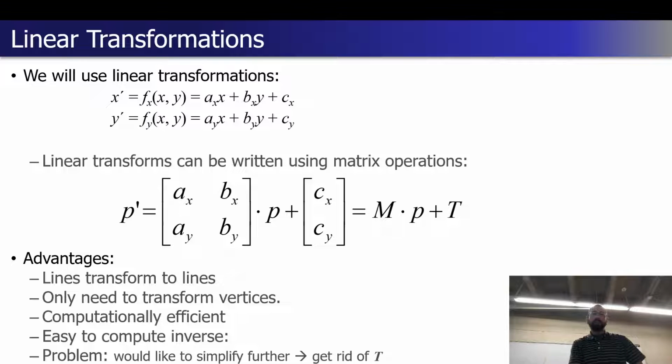If we restrict ourselves to these, what we're going to find is that it's very computationally efficient. We can represent it all in a single matrix representation. It keeps our linear properties of our incoming geometry such that we only actually need to apply the transformation to the vertices. That's why we can do it in the vertex shader. We don't have to do anything else. It's also general for matrices. You can compute the inverse of it. So if you want the inverse and kind of revert the transformation, one can do so.